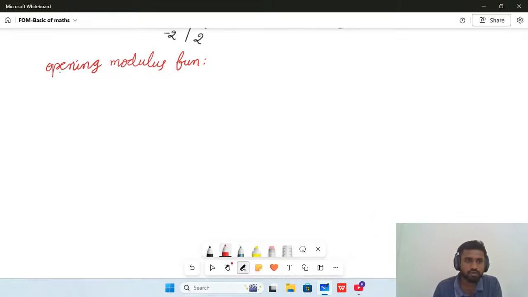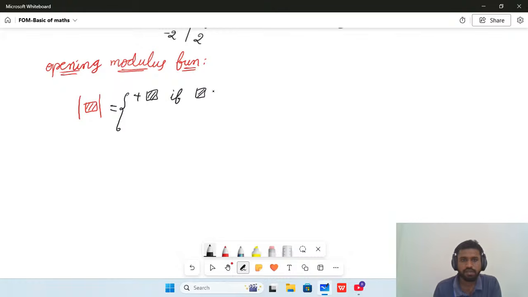Suppose we have modulus of some expression here, like modulus of some box. How to open this modulus box? This modulus of expression will be opened with a positive expression if that expression is greater than or equal to 0.